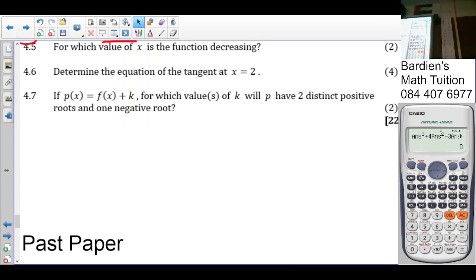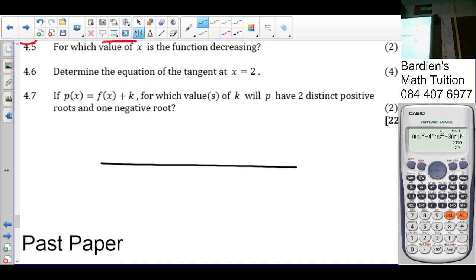What was the x value of the point of inflection? It was negative 4 over 3. Is that correct? Yes. Negative 4 over 3. The corresponding y value for the point of inflection is negative 250 over 27. So we'll come back to that now. So what were my x values on this graph?